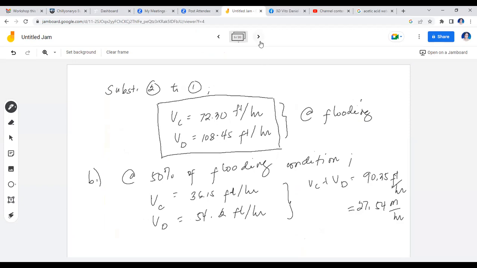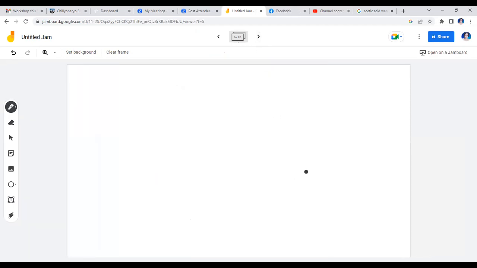Okay, so now our goal in letter B is to determine the diameter of the column. And since we have already the linear velocity, take note, I'd like to emphasize this. In computing for the diameter of the column, you use the velocity and the flow rate of the continuous phase, not the dispersed phase, but the continuous phase.